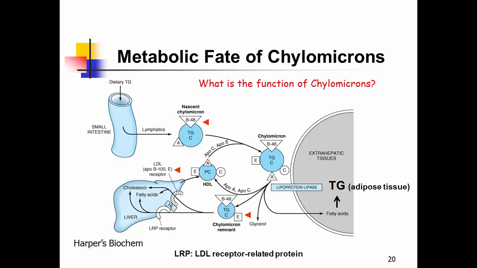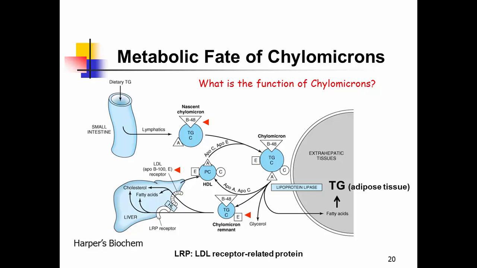So what is the difference between the chylomicron and the chylomicron remnant? Yes, one difference is the lipid content. The remnant has less triglyceride, and also fewer apoproteins on the surface.